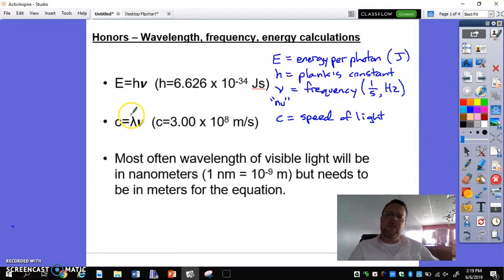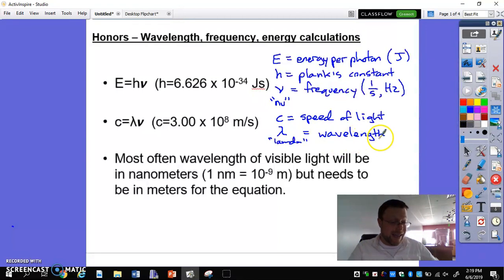All right. The funny-looking upside-down y here in this equation is actually a Greek letter lambda. And this lambda in the equation represents the wavelength of light.